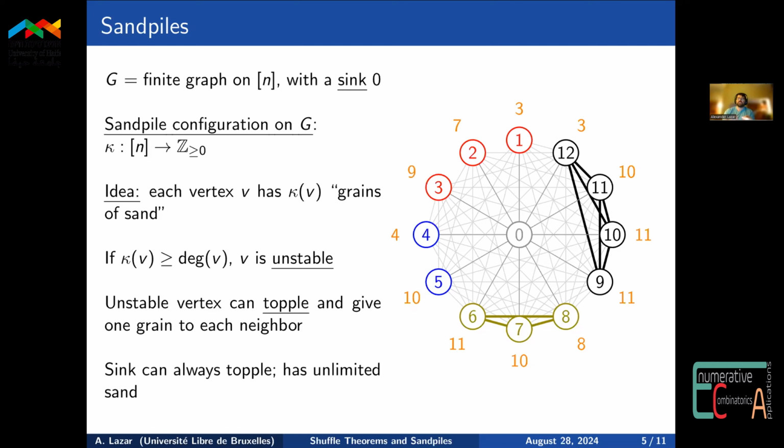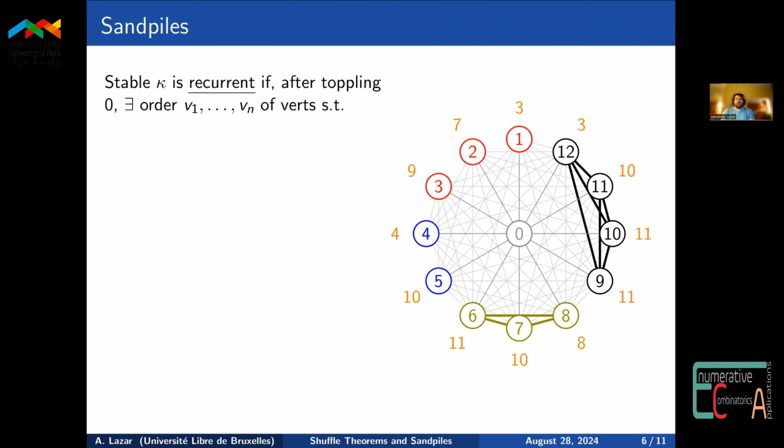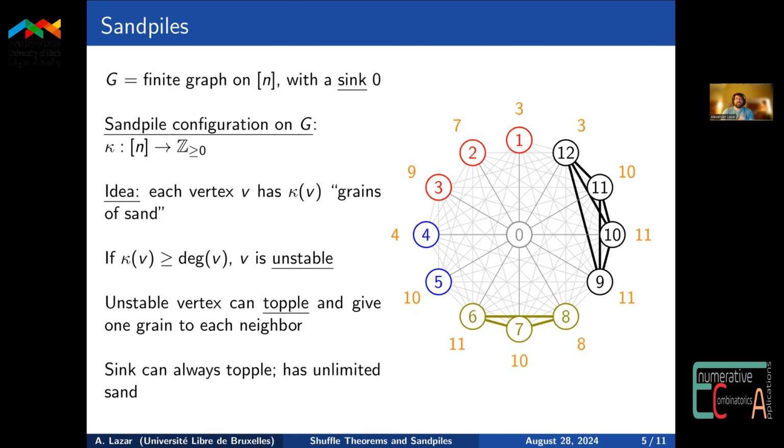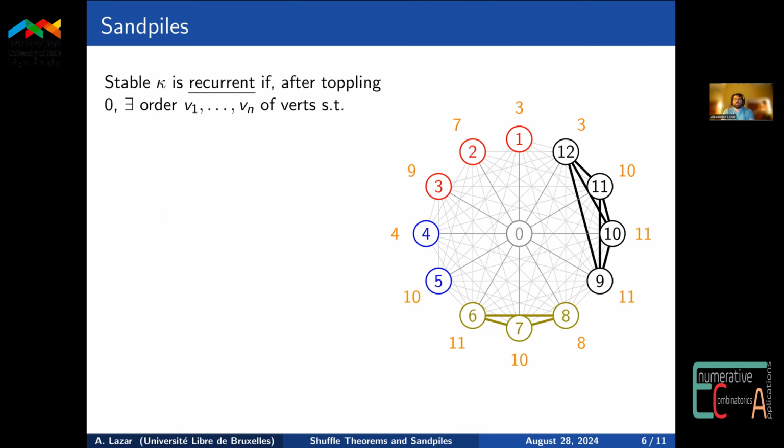And so the sandpile model studies the dynamics of these kinds of configurations as you let stuff topple and how it might relax down to some kind of static state. Sorry, and we say a configuration is stable overall if no vertex is unstable, except for the sink. So among the stable configurations, there's a class that are interesting called the recurrent configurations.